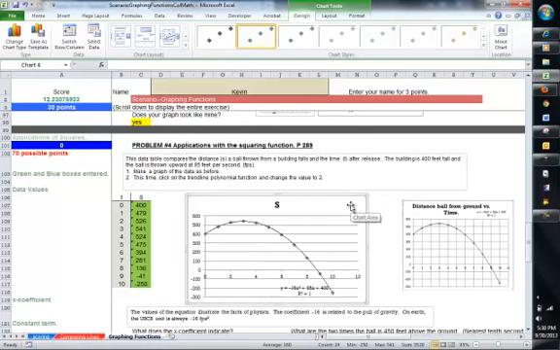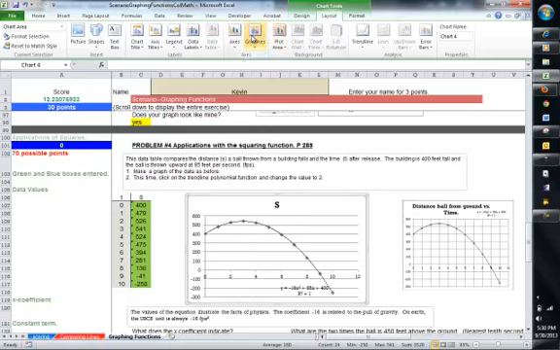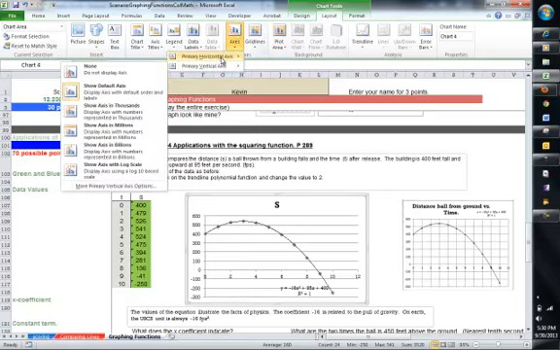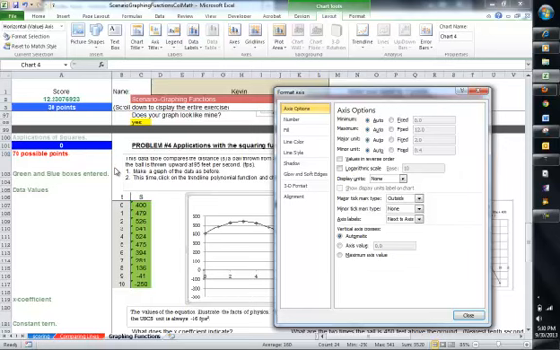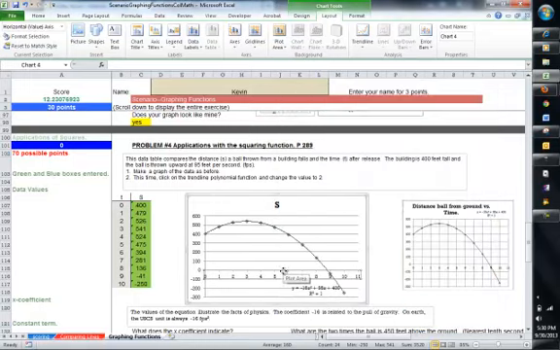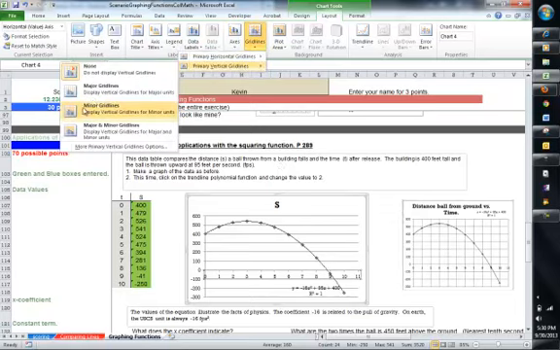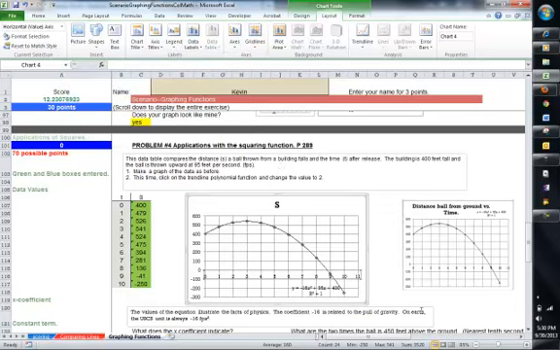Let's delete the table and go to layout, axes, horizontal. We want to have each second show, so let's fix it at 1 second. Let's put in the vertical grid lines. There we go.